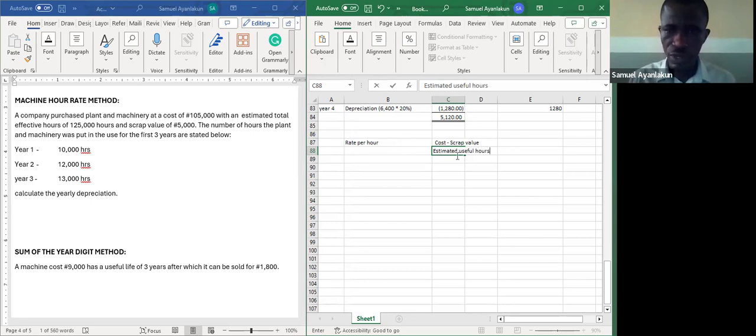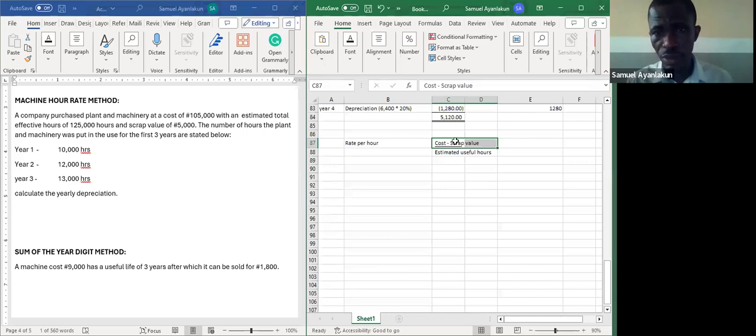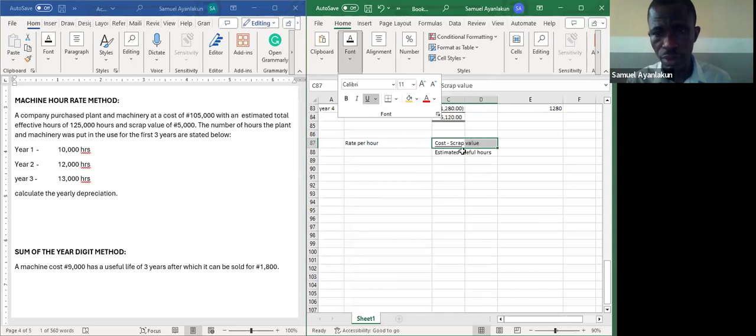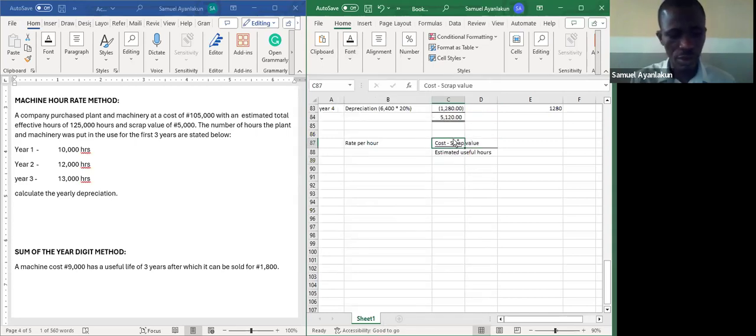So that's just the formula that I'm going to use.